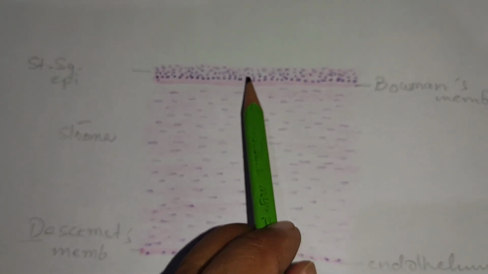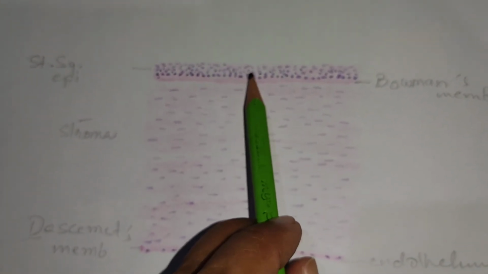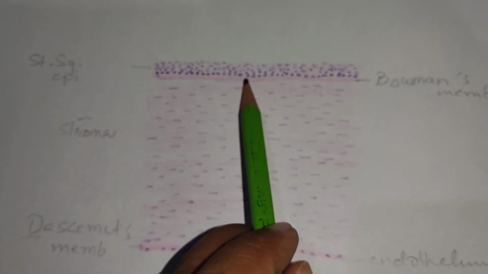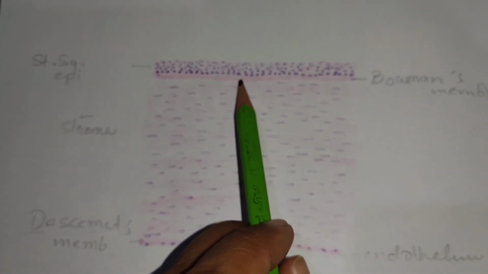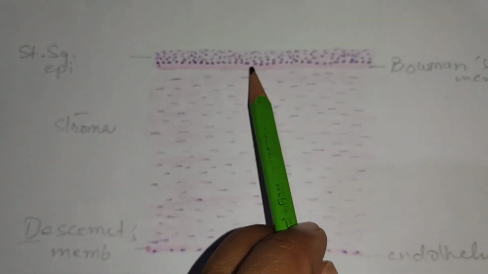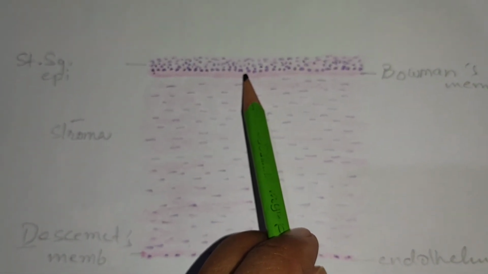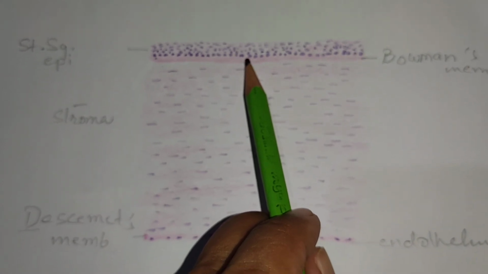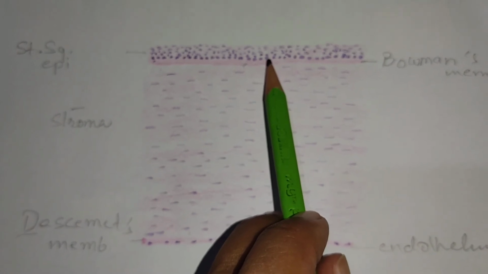The regenerative power lies in the epithelium, but not below it. So if the basement membrane is breached, the cornea is unable to repair this breach, and as a result ulcers form, and then scar formation occurs due to these ulcers, and opacities develop in the cornea.